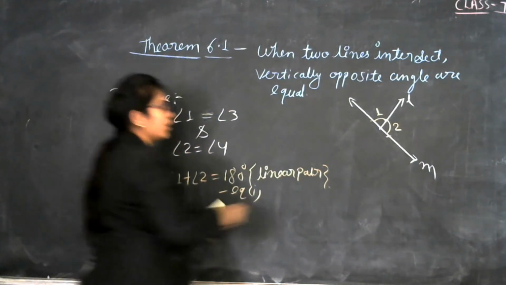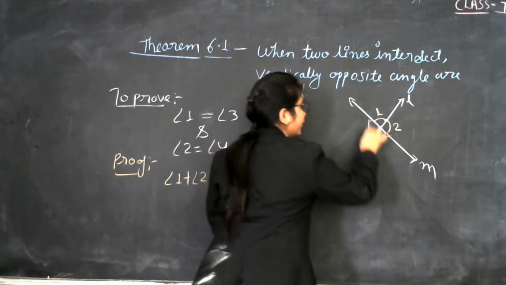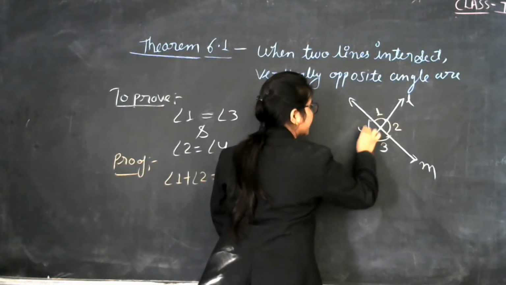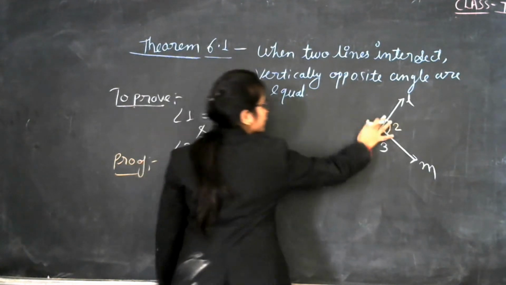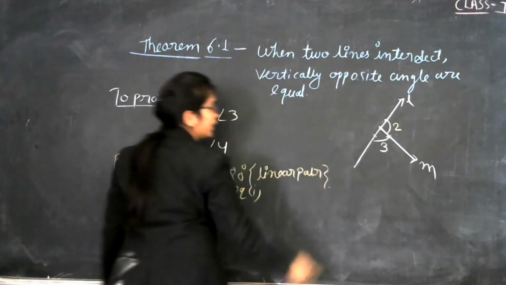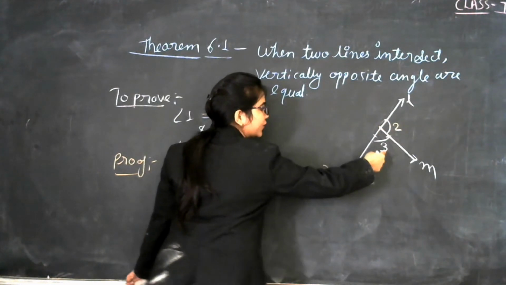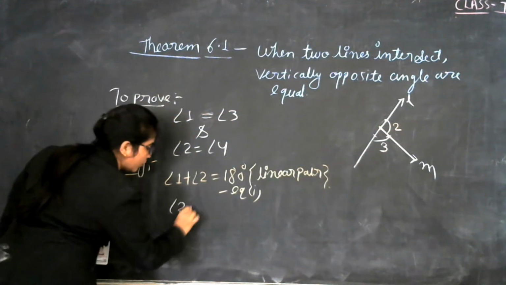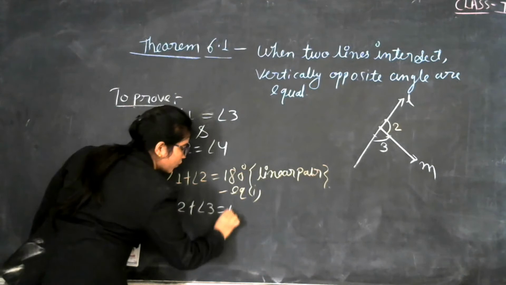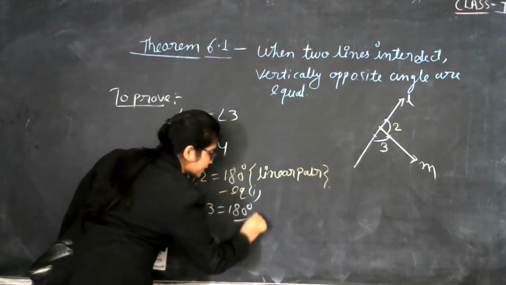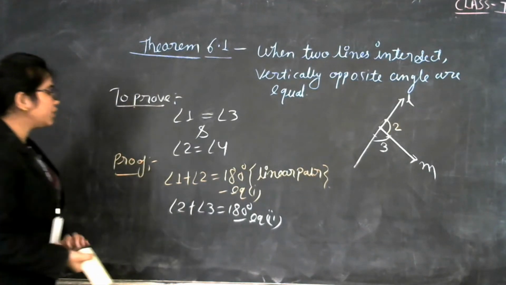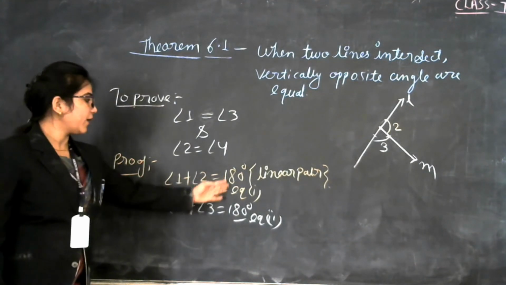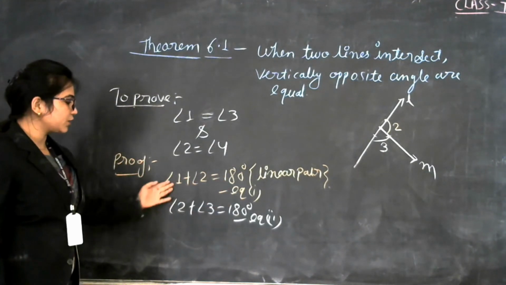Now again we draw this angle 3 and this angle 4. Suppose we remove this. Here you can see this is also in the form of a linear pair. So we can write angle 2 plus angle 3 is equal to 180 degrees. This is equation 2. Here you can see in both equations the right parts are equal, so the left parts are also equal.